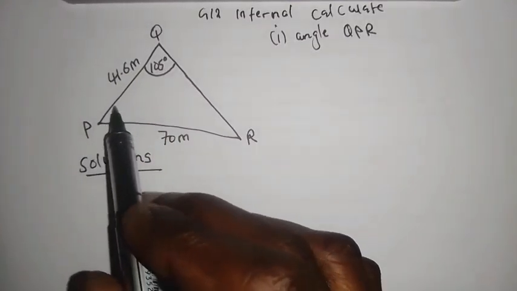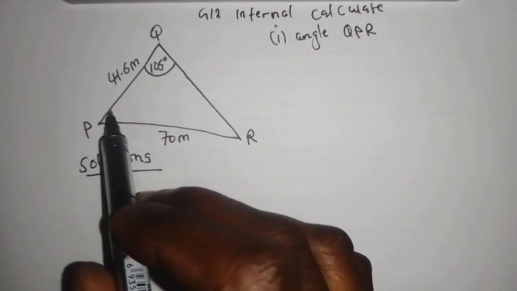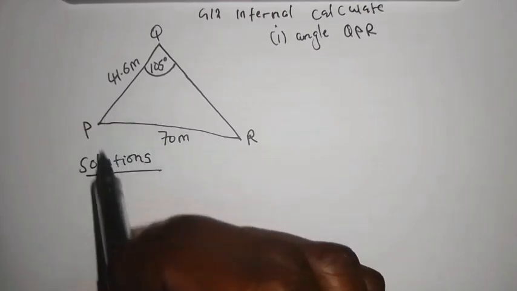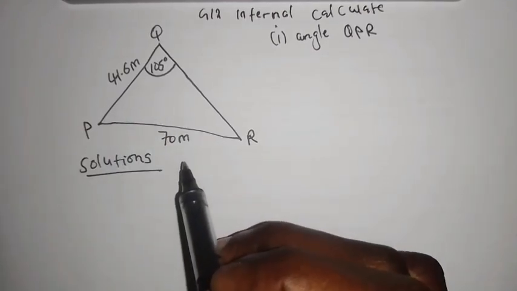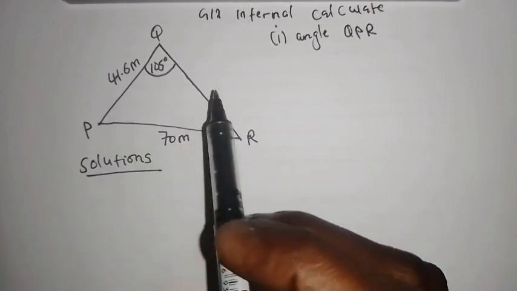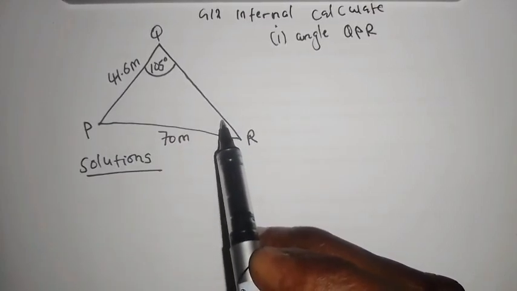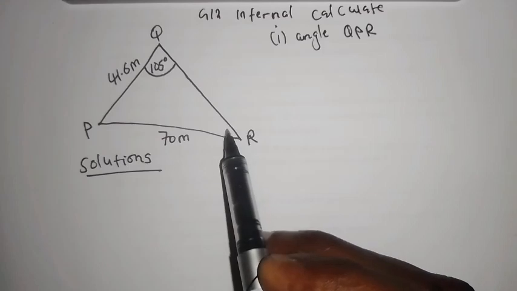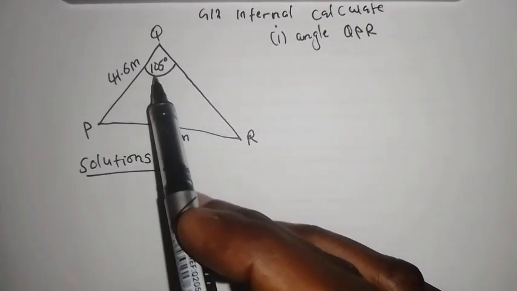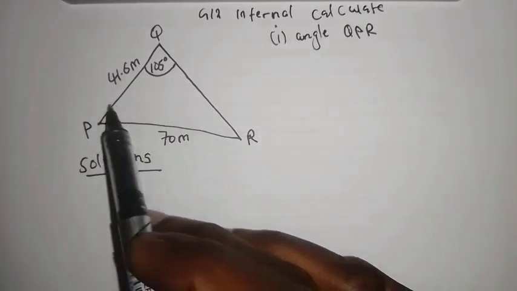Now for us to find this angle, it is not a direct question. First of all, you're going to find this angle R, so that we can say this angle plus this angle plus the third equals 180 to get that answer.